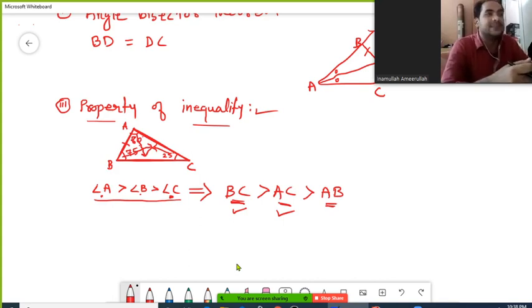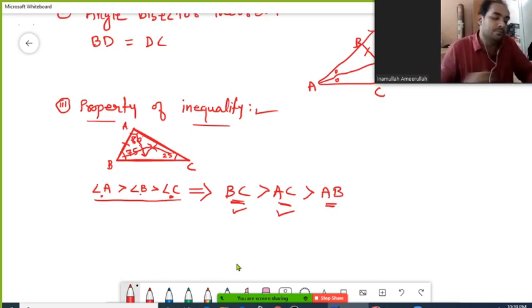So this is all about property of inequalities.